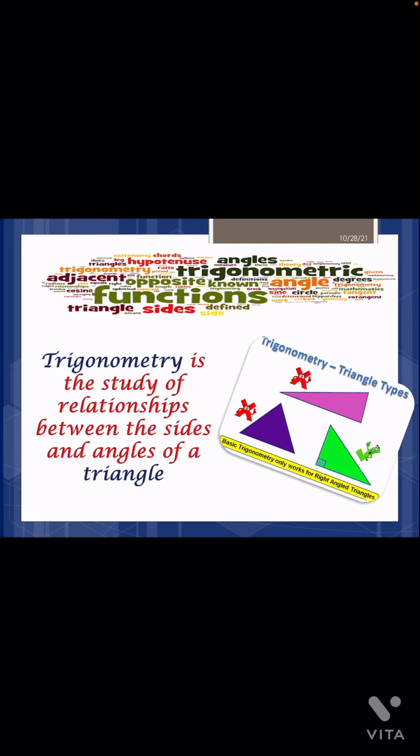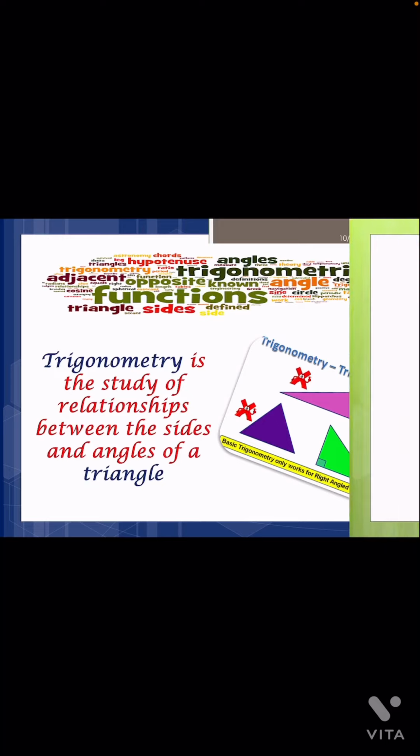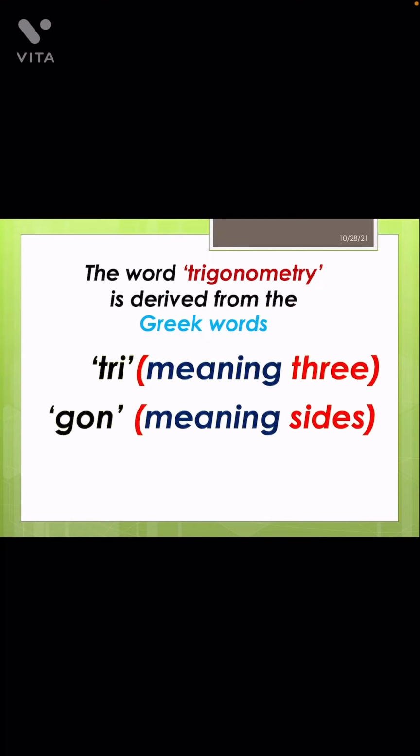The concept of trigonometry was given by a Greek mathematician, Hippocrates. The word trigonometry is derived from Greek words: tri meaning three, gon meaning sides, and metron meaning measures.